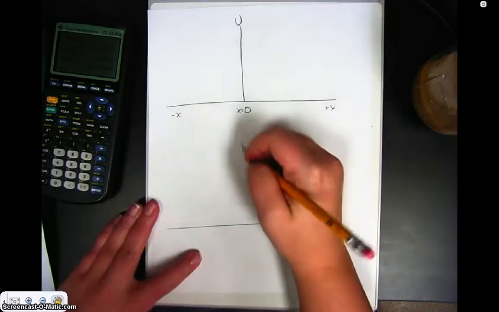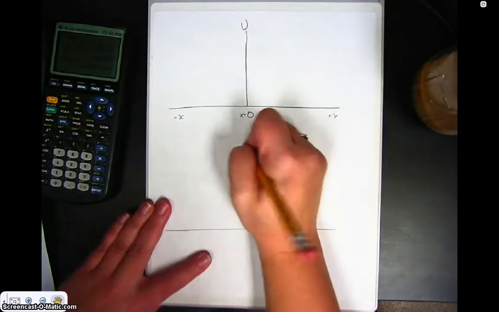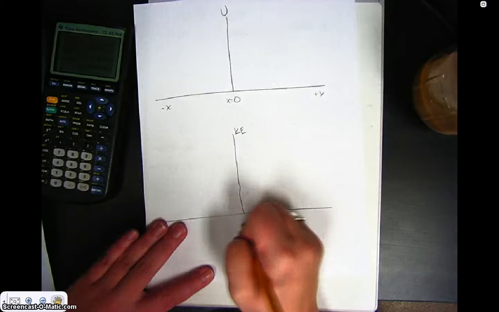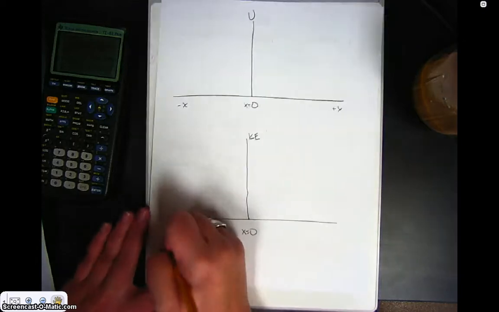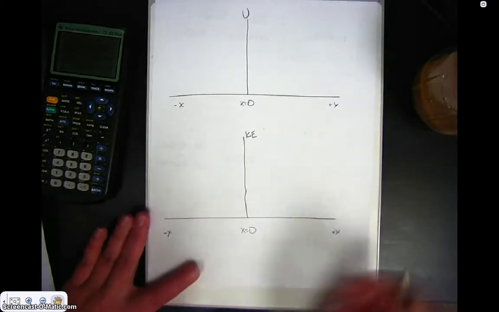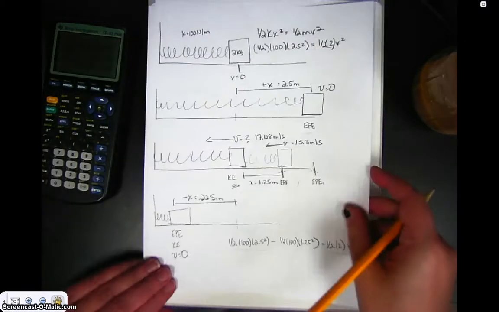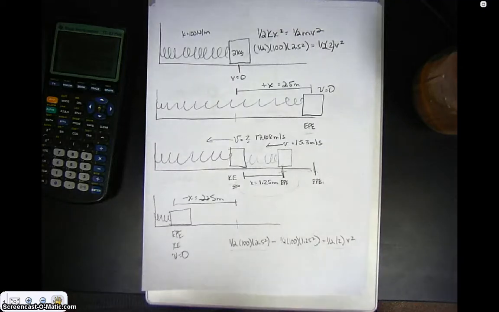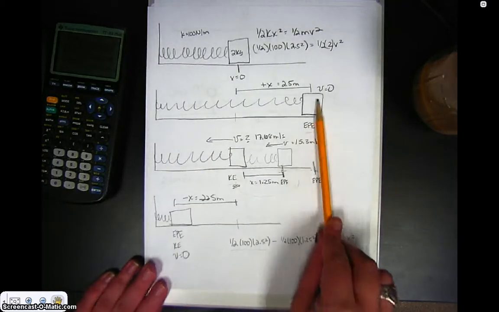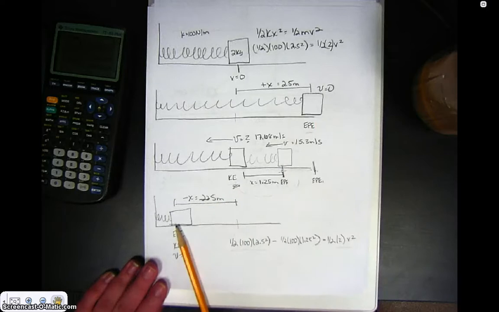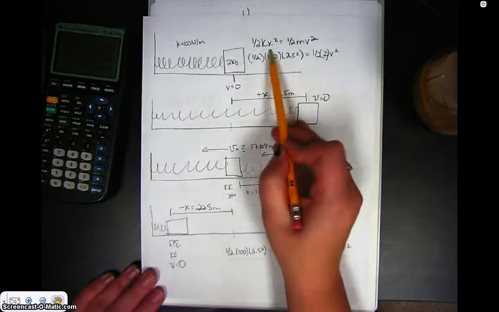And then here, let's look at the graph of, let's say, kinetic energy versus x equals 0 and minus x and plus x. So remember, according to our picture, where we have the maximum amount of elastic potential energy is where the x is either the greatest or it is the smallest in the negative direction. And noting that in the equation, x is squared.